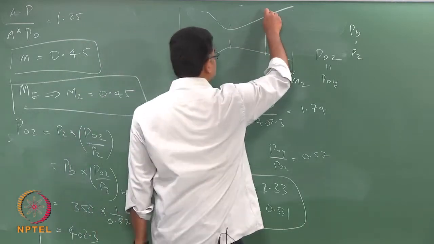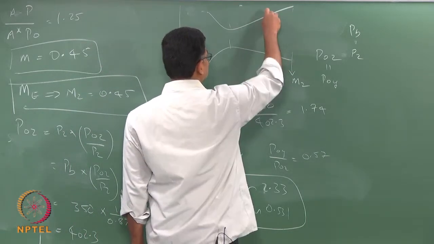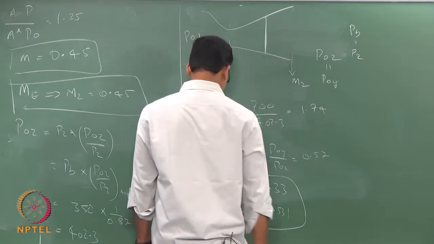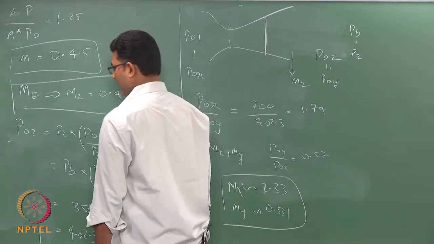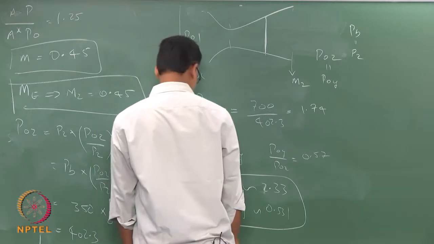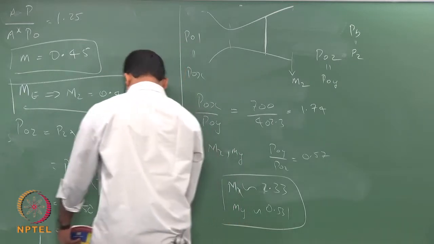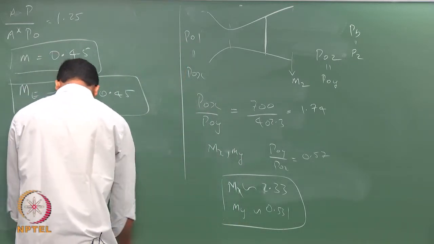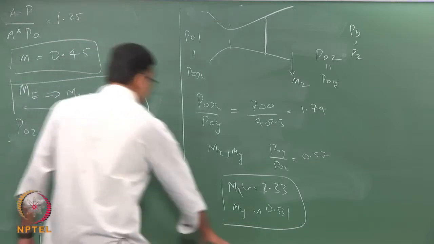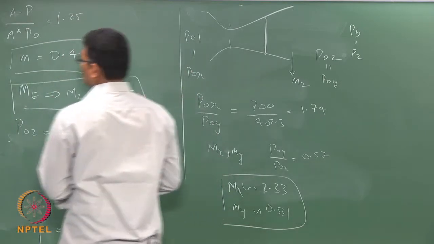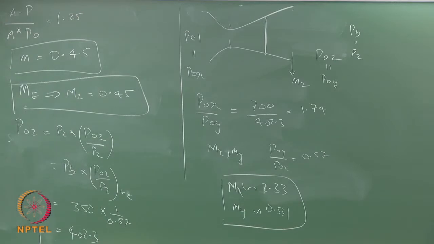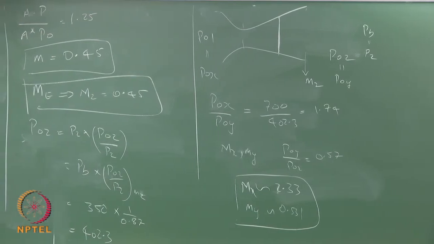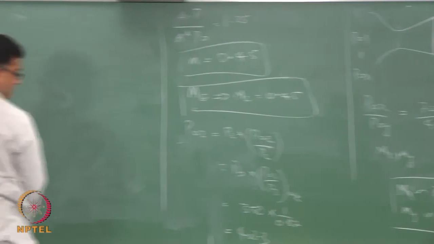So now if I know this shock location, I also need to find the area at which the shock has been formed. Now I know all the quantities that are required to find the area.